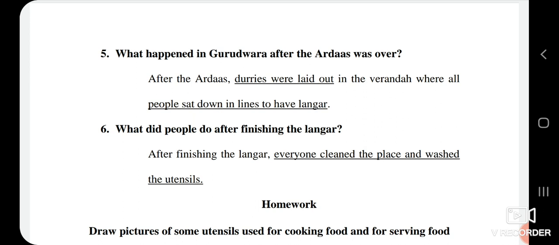After the Ardas, the reeds were laid down. The reeds means mat. The reeds were laid down in the veranda where all people sat down in lines to have langar. What did people do after finishing the langar? After finishing the langar, everyone cleaned the place and washed the utensils.